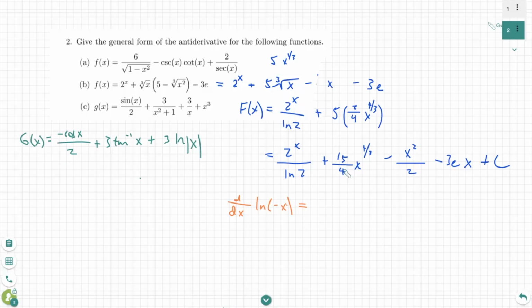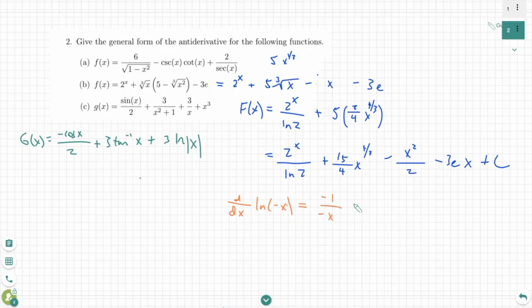So the derivative of negative x is negative 1. And then you would multiply by 1 over negative x, because you're taking the ln of negative x.